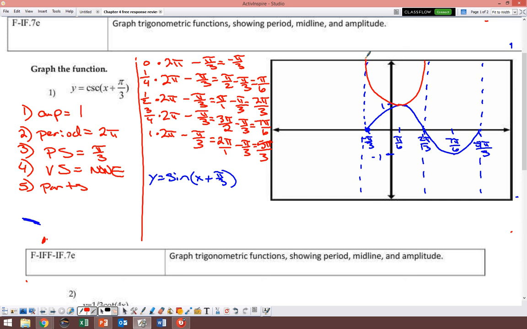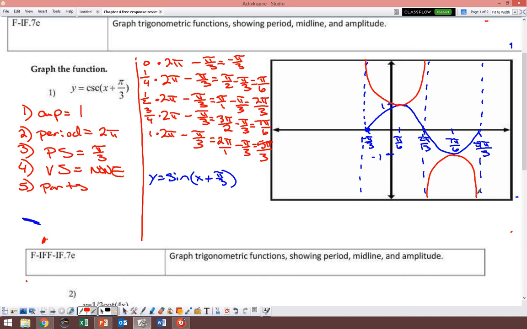And over here, in between at 7 pi over 6, so in between this portion, it's going to go down. I mean, my graph looks right. I just did the math wrong. There you go. So this is the graph of the function using all of our steps.